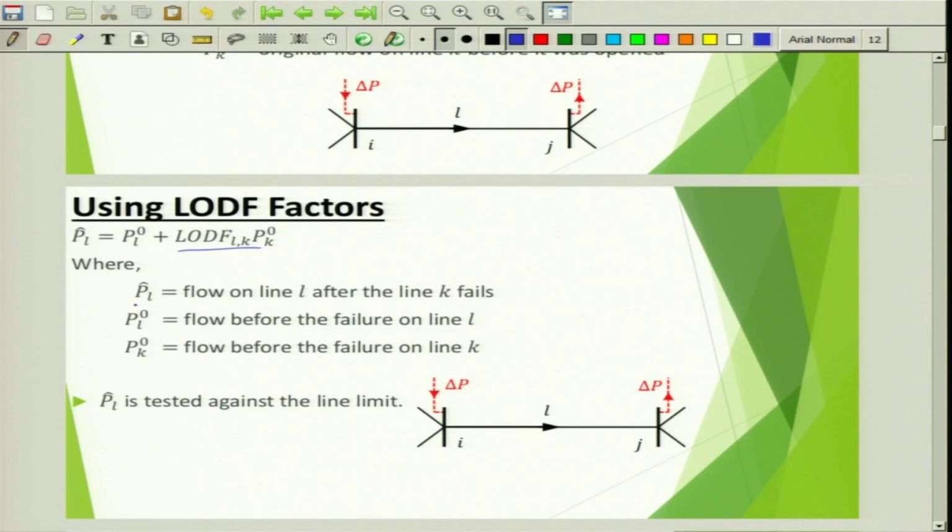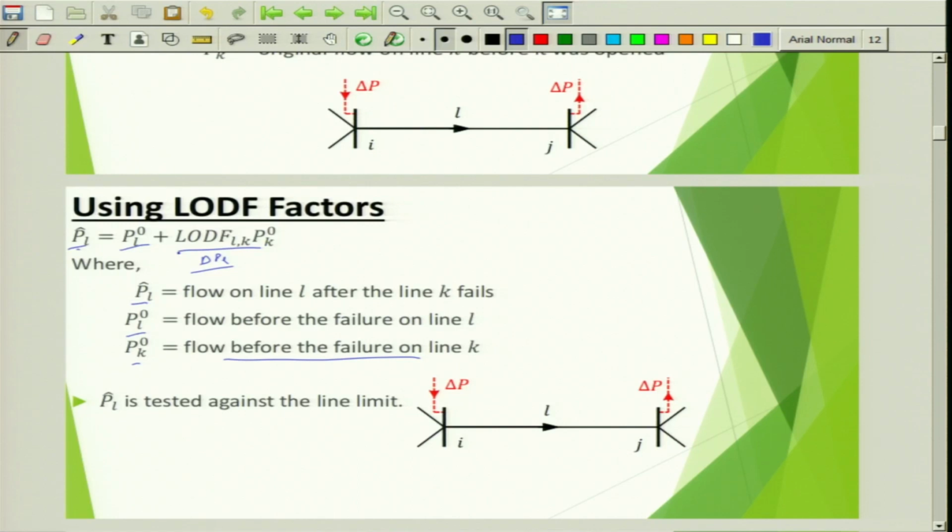PL cap is the flow on line L after line K fails, PL naught is the flow before the failure on line L, and PK naught is the flow before the failure on line K. So PL cap, after line K fails, is nothing but the previous flow of line L plus delta PL, the change in flow, that is nothing but LODF into PK naught.